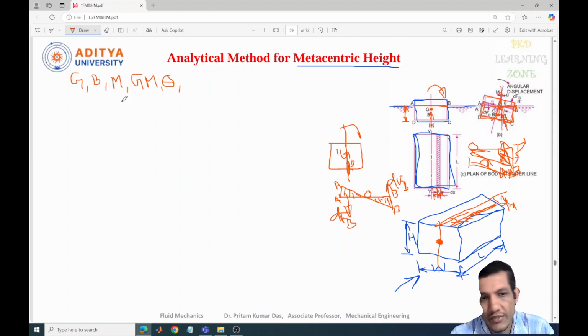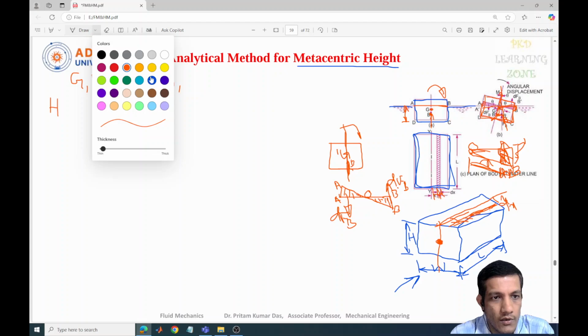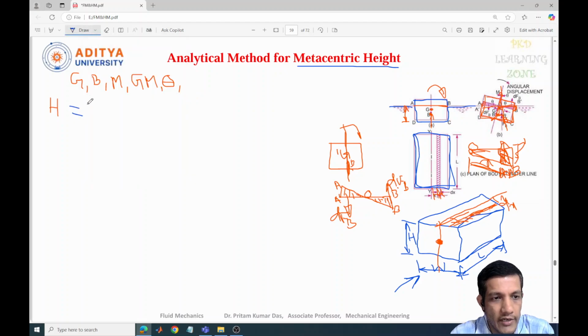First we'll find the strip height, because this is the length of the object from the center point. The strip height h equals, initially it was this length and the height was nothing.